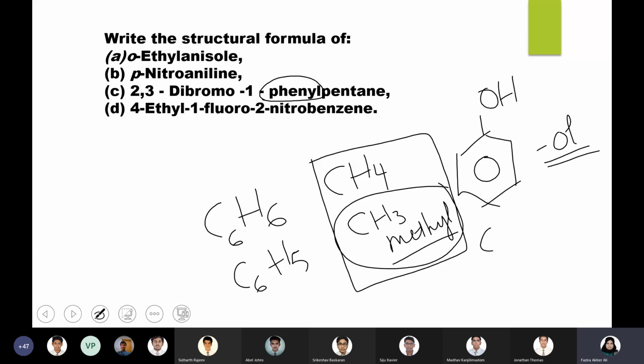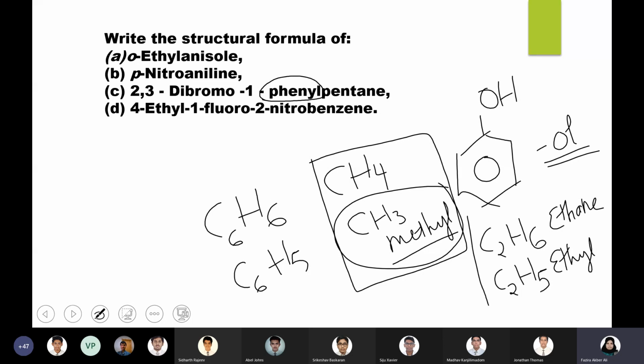Similarly, ethane is C2H6. When it comes as a branch, we reduce one hydrogen, so it will be C2H5 and we write the name as ethyl.